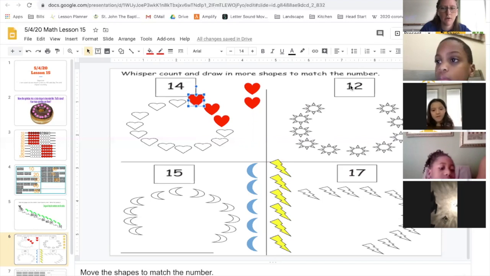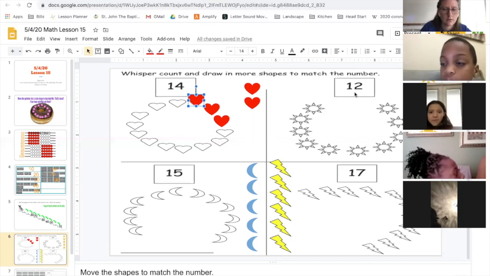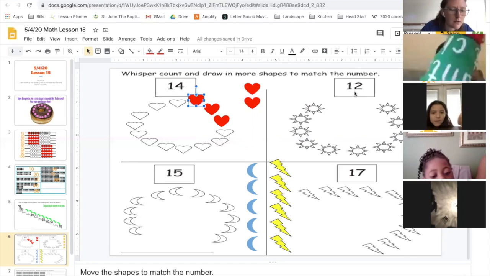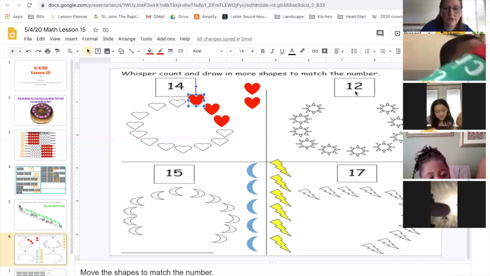Okay, so we're going to look at the suns now. Isaiah, can you tell me what this number is up here? Put your hand on it. Speak up. 12. Good job, Isaiah.